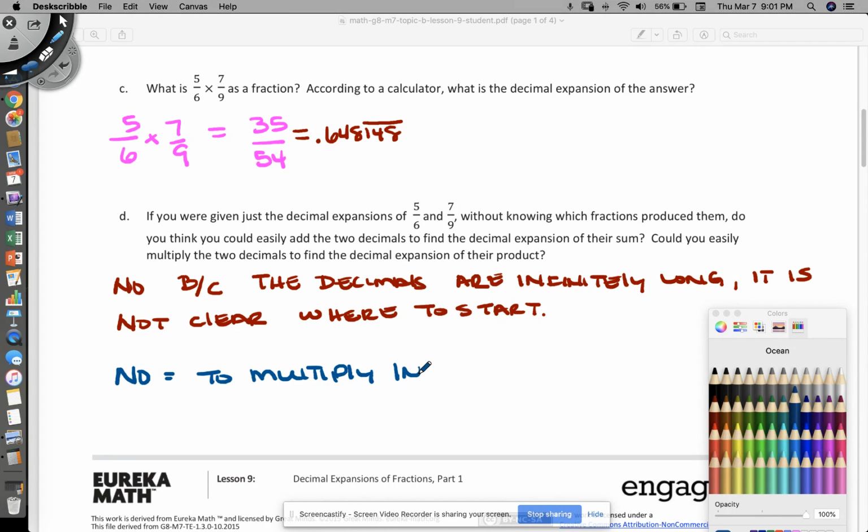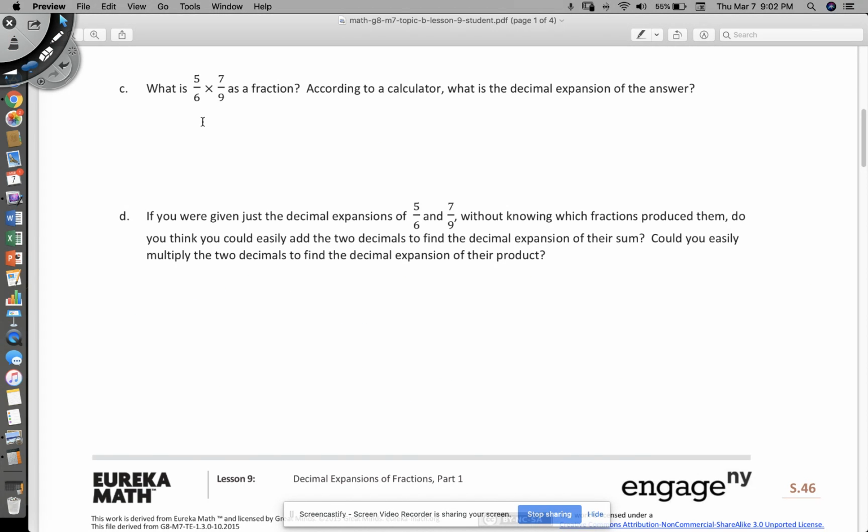To multiply infinite decimals would be even, I don't know, let's just say even harder, because there's possible carrying over and all kinds of stuff going on. Where would you put the decimal? How many decimal places would it go? So in this sense, no, you could not be given those repeated decimals and possibly come up with 5/6 over 7/9. All right, let's keep going.